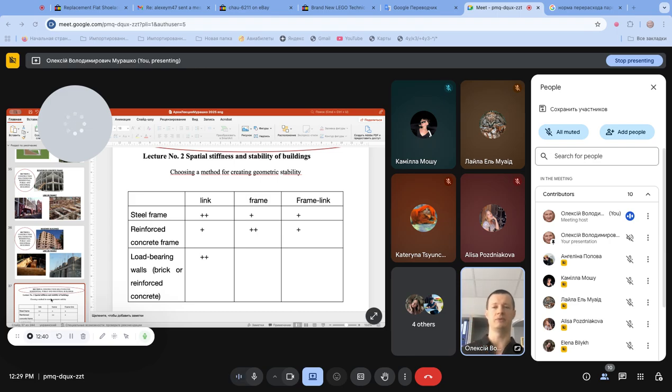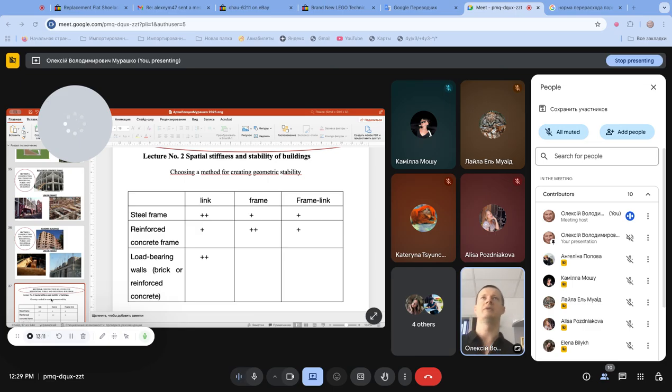When we're talking about reinforced concrete frame, we can also use all three methods: link method, and for a multi-story building, it is easier to make it with the link method. We can use the frame method, and the frame method is most widely used for non-seismic regions, for buildings with a low number of floors, like 3, 4, 5 floors. In Odessa, it's not more than 4 floors.